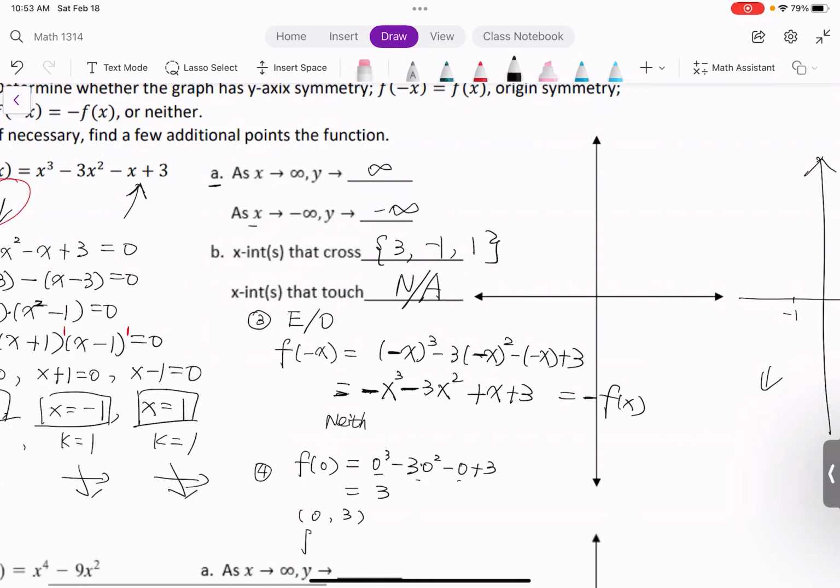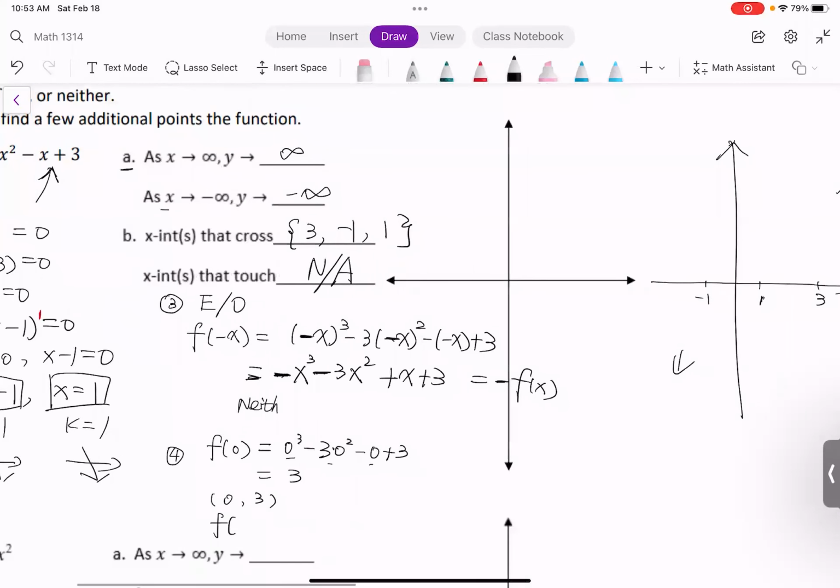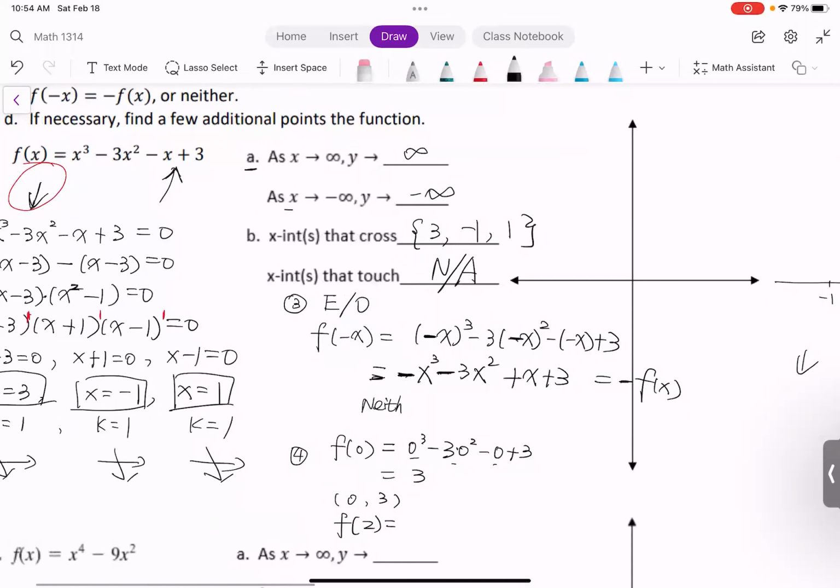How about f of a point between 1 and 3? Let's put 2 and plug it into the function: 2 cubed minus 3 times 2 squared minus 2 plus 3. That's 8 minus 3 times 4, 12, minus 2 plus 3. We get -4, -6 plus 3, -3.